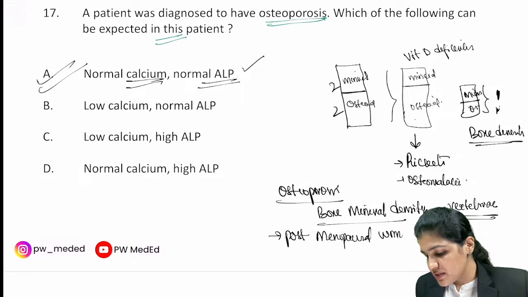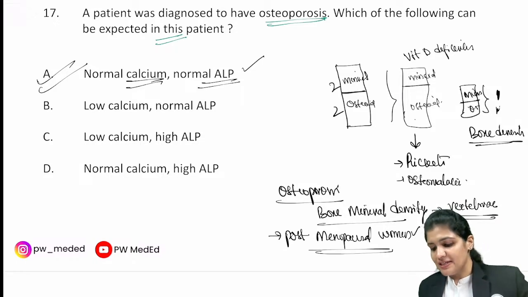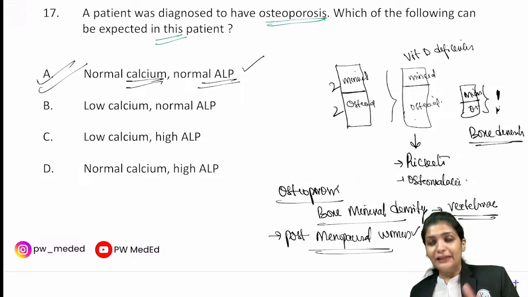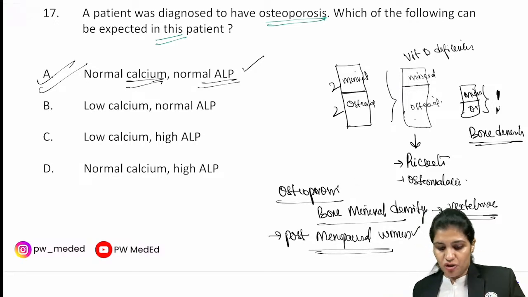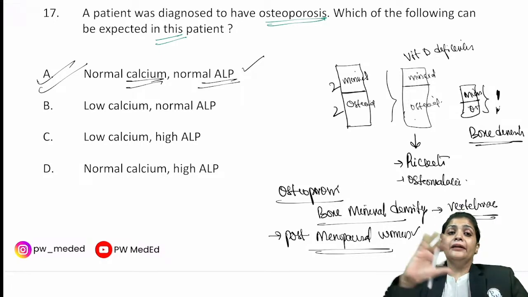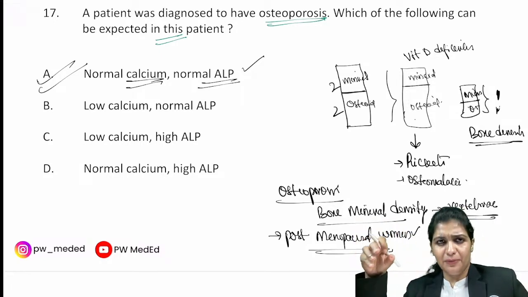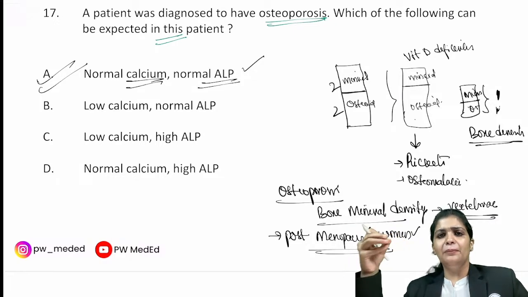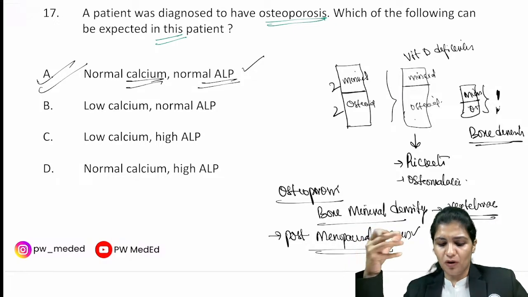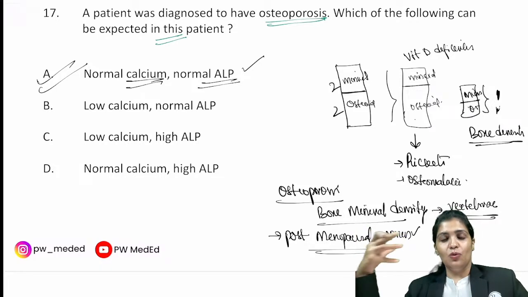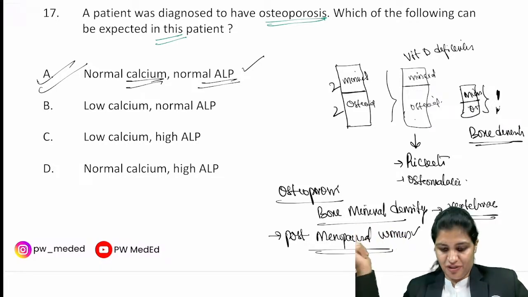So osteoporosis is a degenerative type of disease seen in older people, mainly post-menopausal women are at risk. So in osteoporosis, all the parameters such as the calcium and the alkaline phosphatase will be normal, and sometimes you can see a slight decrease in the calcium or the vitamin D, but not as low as in case of vitamin D deficiency, right? And that is osteoporosis.